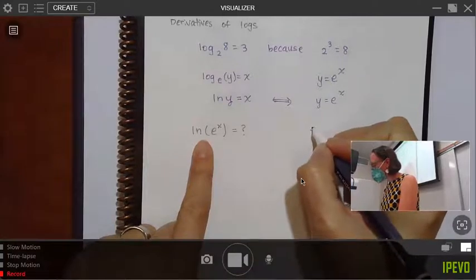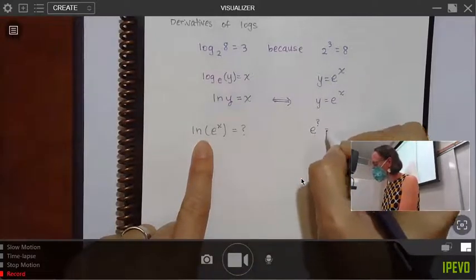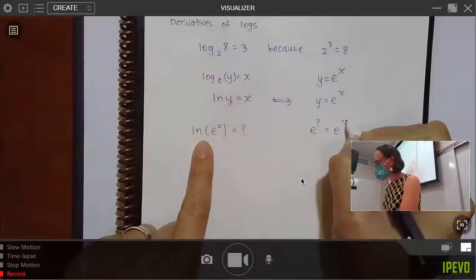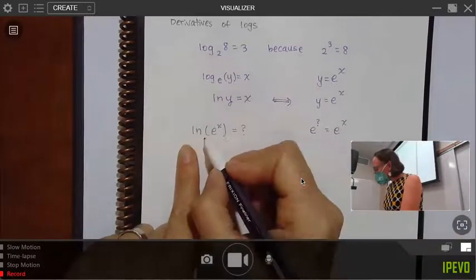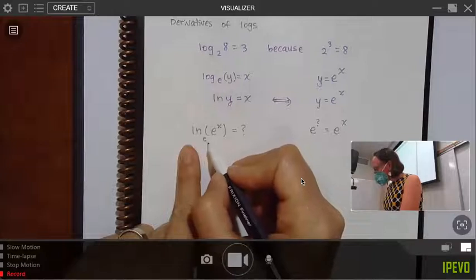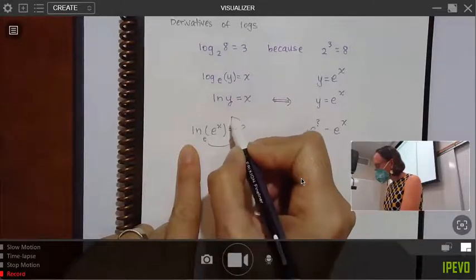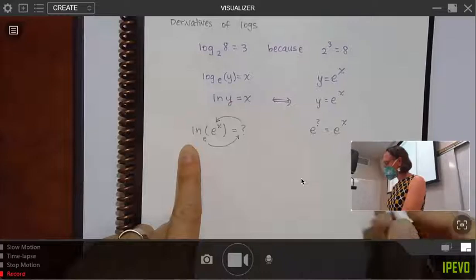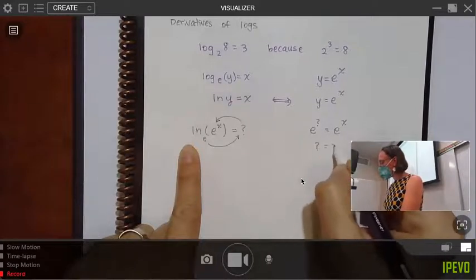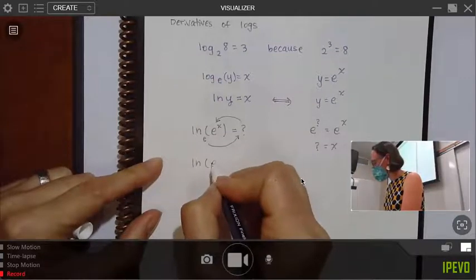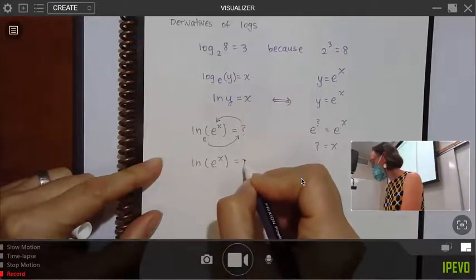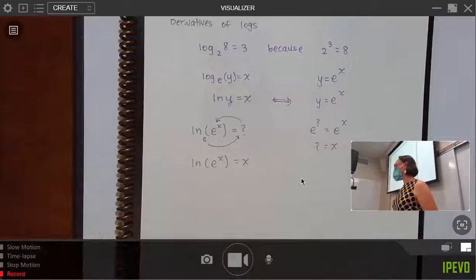So this would say e to the question mark is equal to e to the x. That must mean that the question mark was equal to x, or that the natural log of e to the x is equal to x.